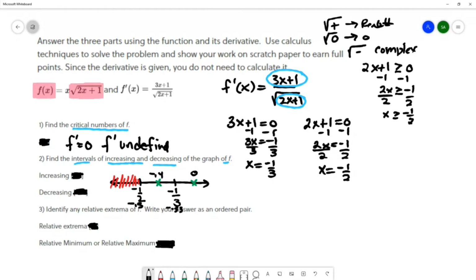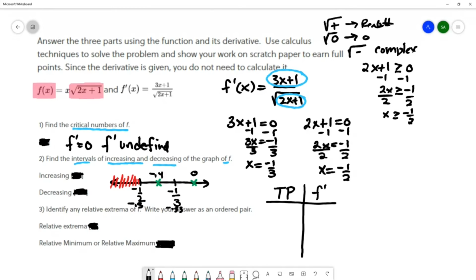We're going to substitute these test points into the first derivative, because the first derivative is the slope of the tangent line. When the slope of the tangent line is positive, we know we have an increasing function, and when the slope of the tangent line is negative, we have a decreasing function.